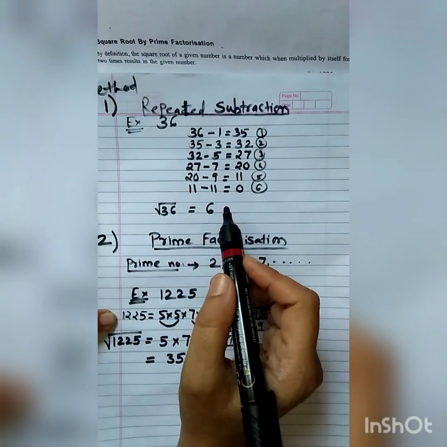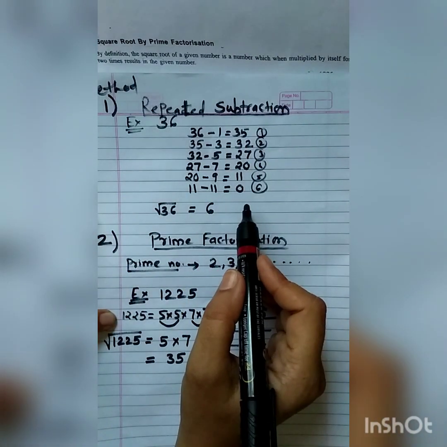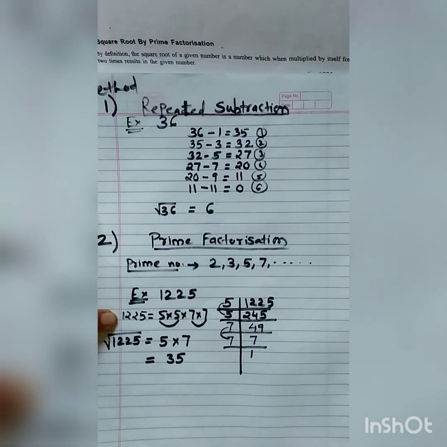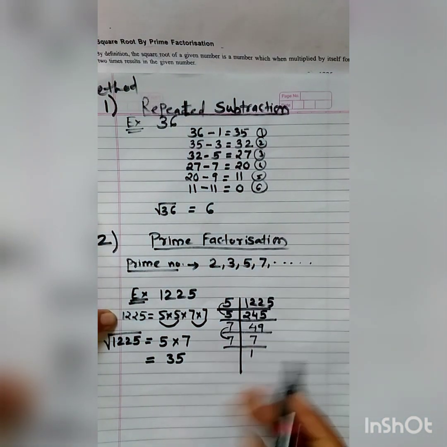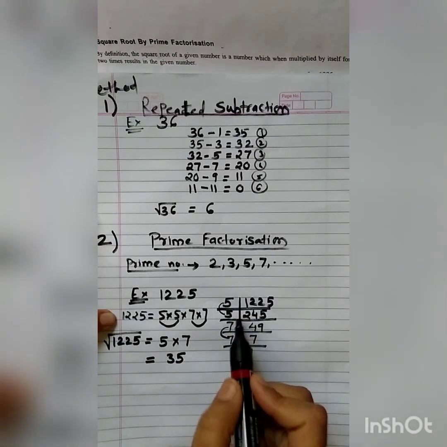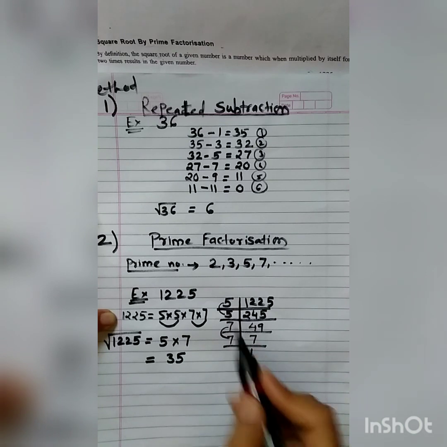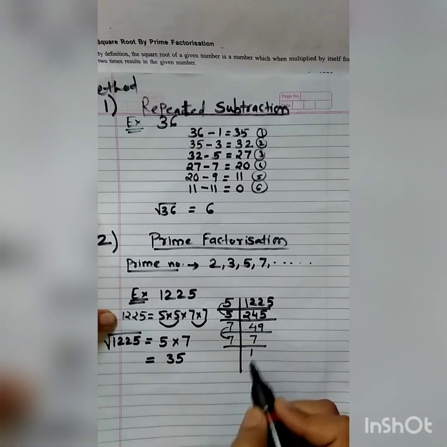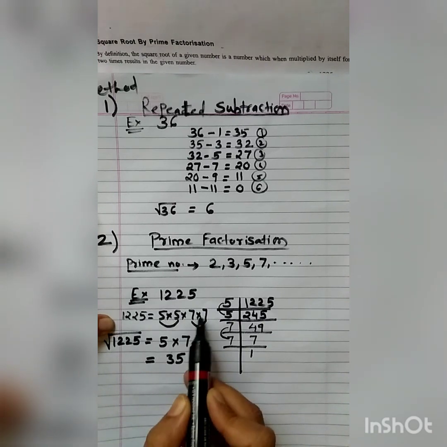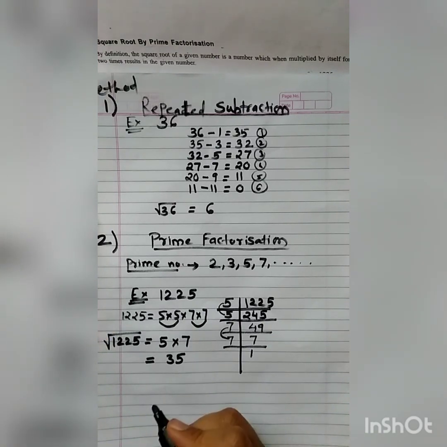The repeated subtraction method is useful for only small numbers, but prime factorization is usable for any type of number. Only keep in mind that we have to use only prime factors while dividing the numbers, and from each pair we have to take 1 to find the square root of the number.